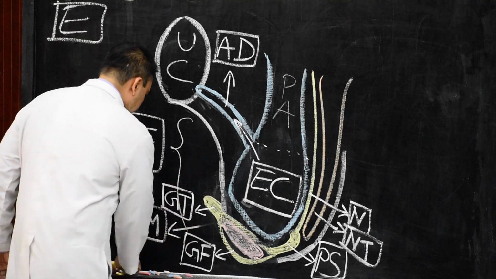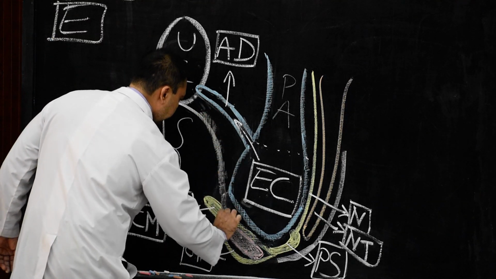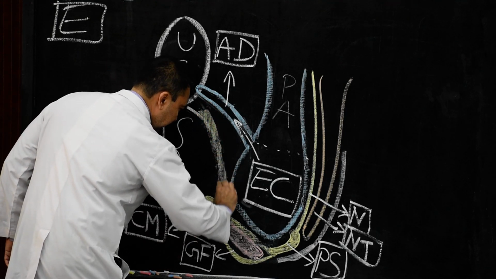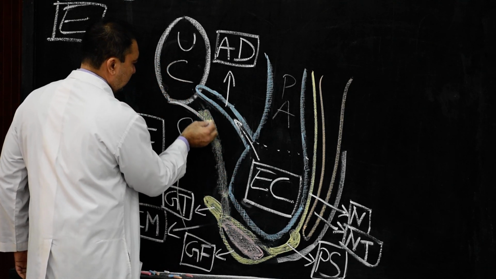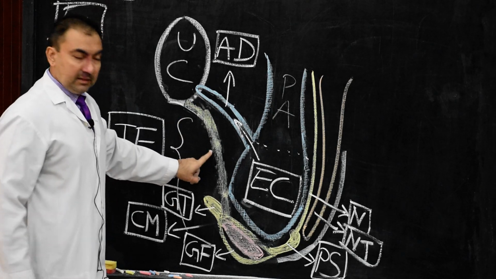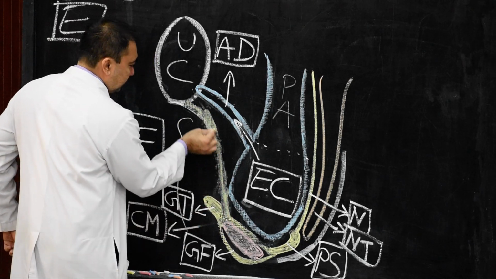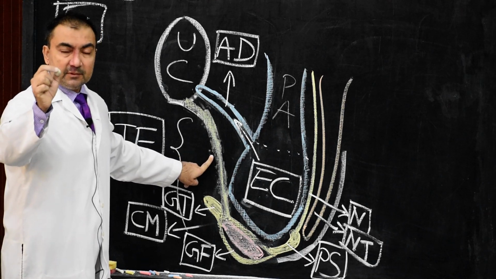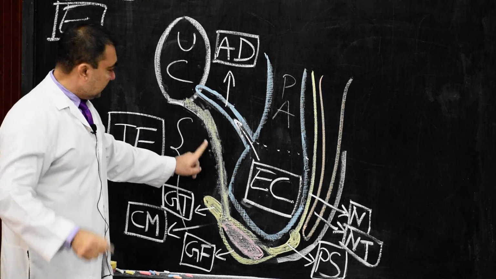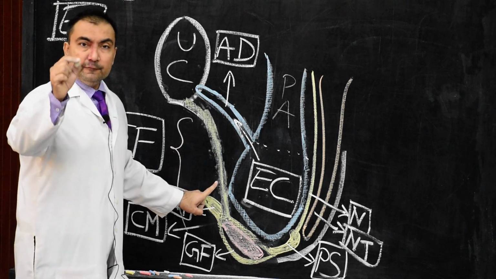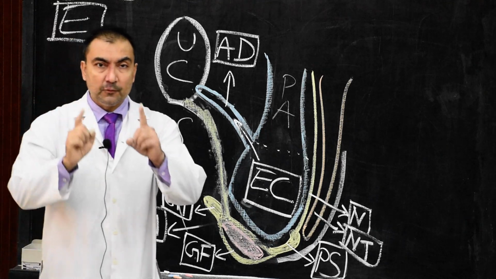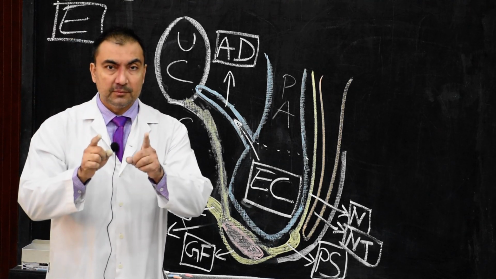As they migrate ventrally towards the umbilical cord, they will form the most important part of the ventral wall of the embryo, and that will be the infra-umbilical portion of the anterior abdominal wall of the embryo.